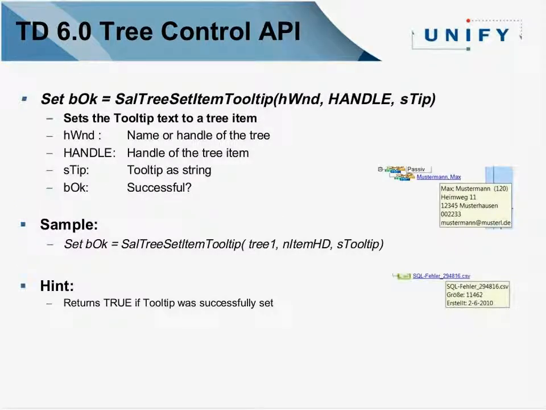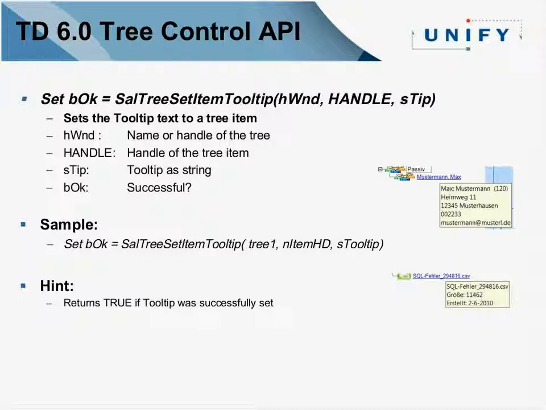Tree set item tooltip. It's very useful to set some useful tooltips for each item. So again, tree set item tooltip is based on the tree handle and the handle of the item ID of the item inside the tree, and you can pass as tip the text into this tooltip.